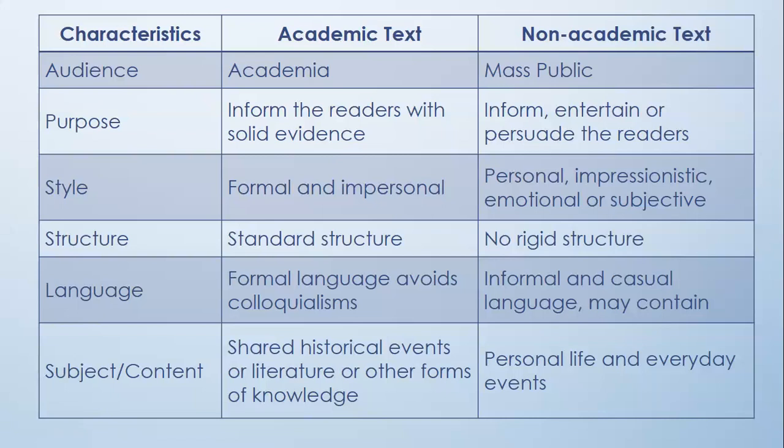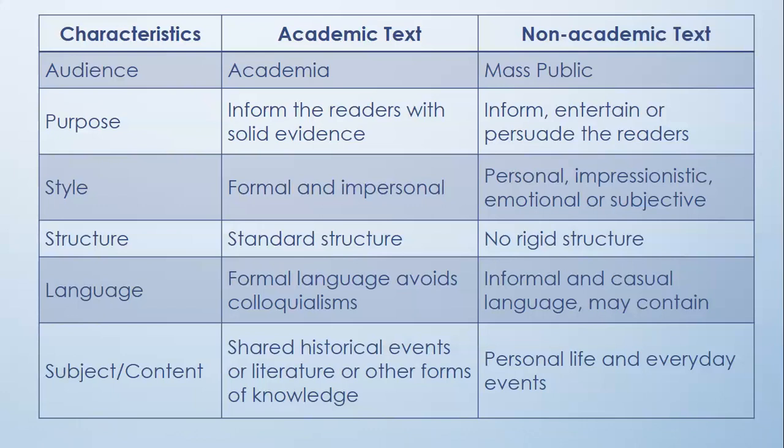What is the pattern of development that the writer uses when he or she is writing his or her academic text? So again, the style of academic text is formal and impersonal or objective. Whereas in non-academic text, it is personal, impressionistic, emotional, or subjective.